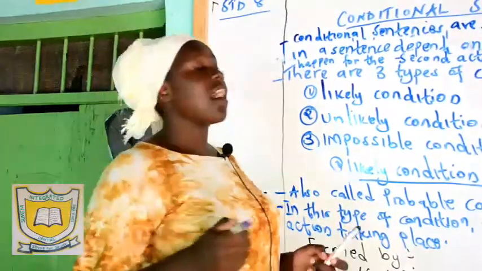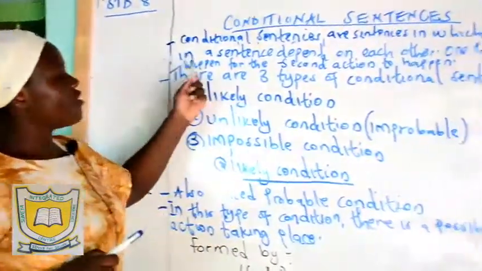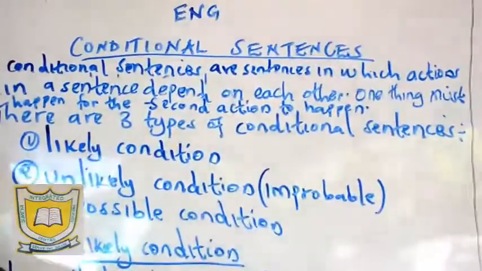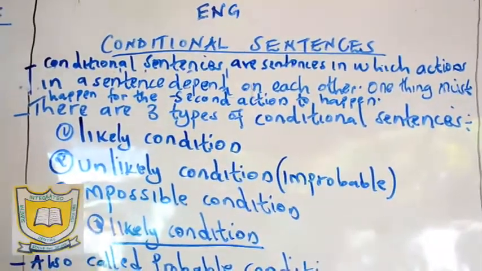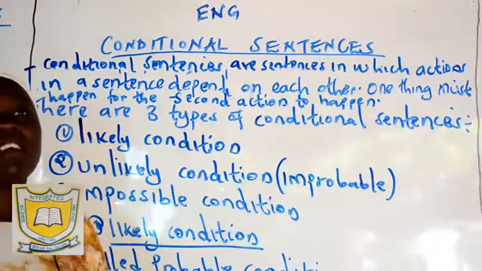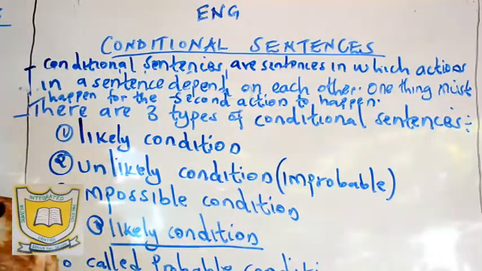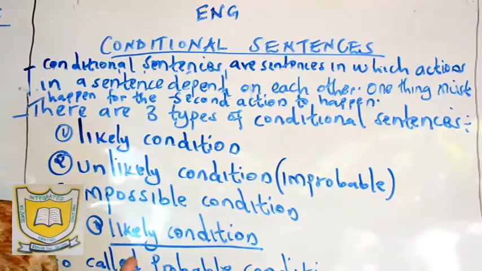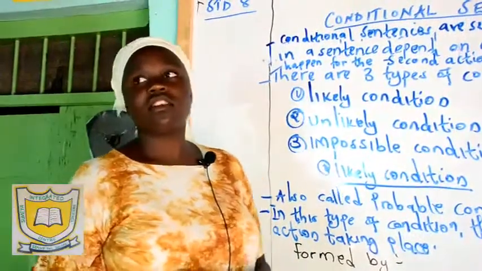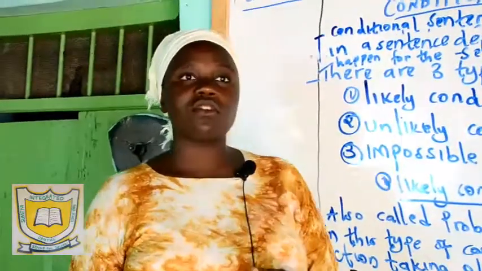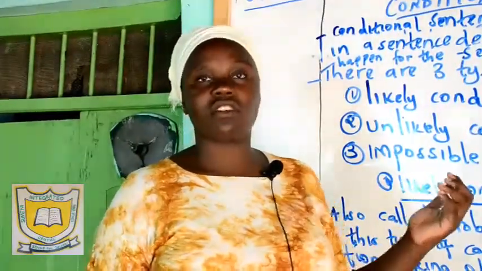So what is a conditional sentence? Conditional sentences are sentences in which actions in a sentence depend on each other. If I say actions depend on each other, what I mean is action 2 entirely depends on action 1.